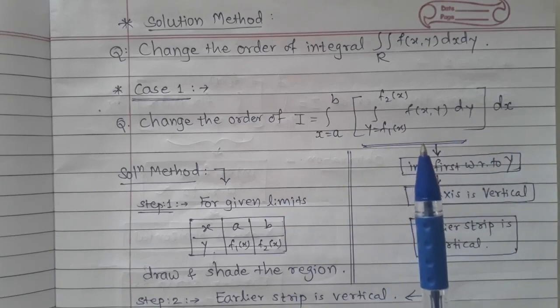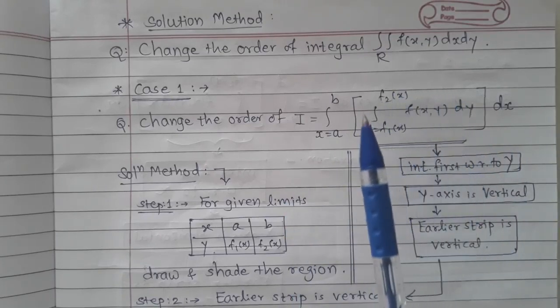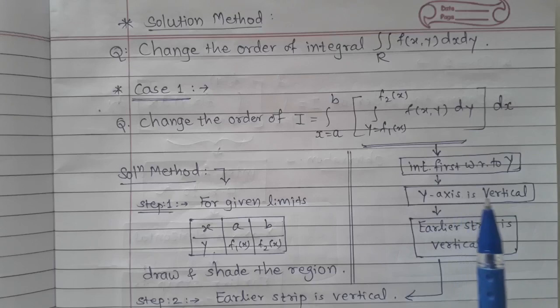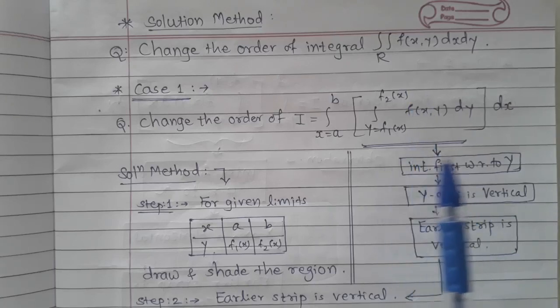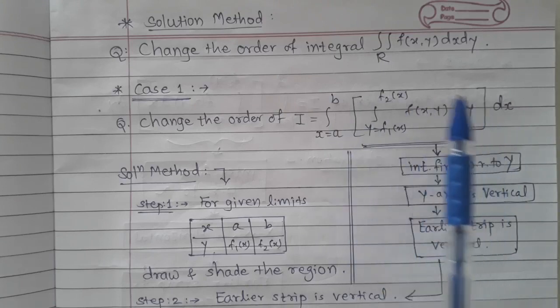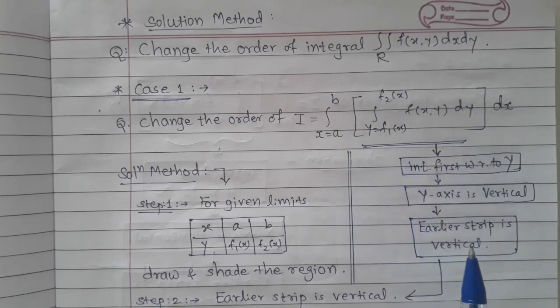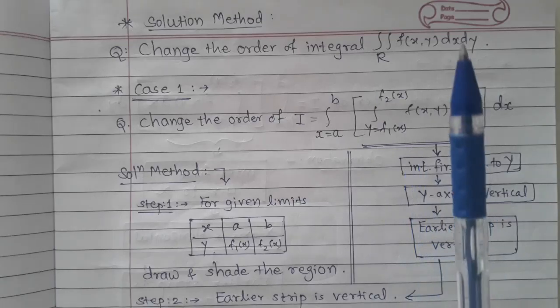Here our observation is that inner integration is with respect to y, but y axis is a vertical axis, and therefore for the given integration the considered strip is a vertical strip, from bottom to top.